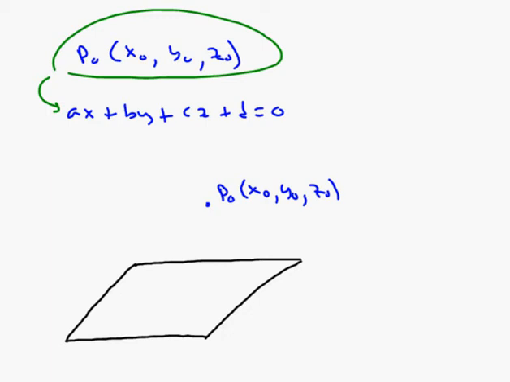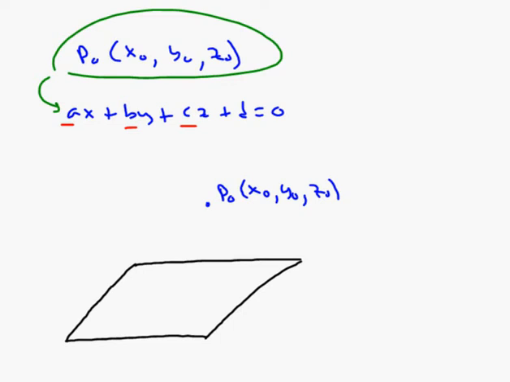I say drop a perpendicular, draw a line through P0 such that it's perpendicular to that plane. And we knew that every plane has a normal vector written into its equation. The normal vector of this plane is ABC. That would become the direction vector of the line. And then we could find the point of intersection between the line and the plane and then use the distance formula. So that was one method that we had used, and it's in a prior video.